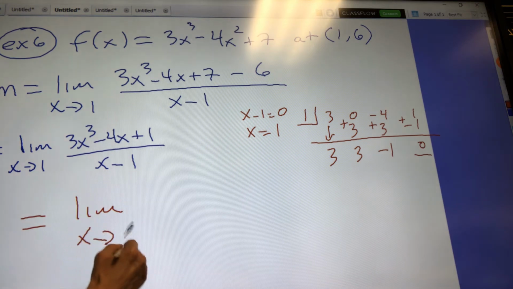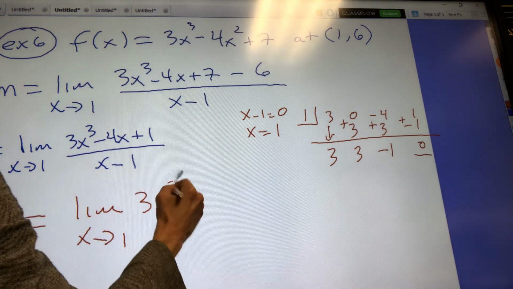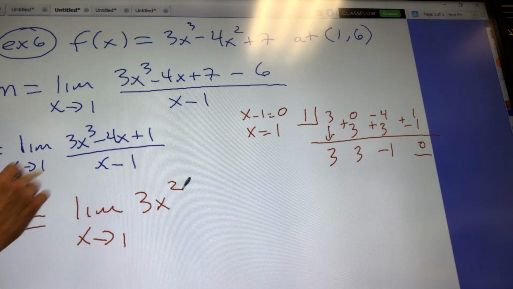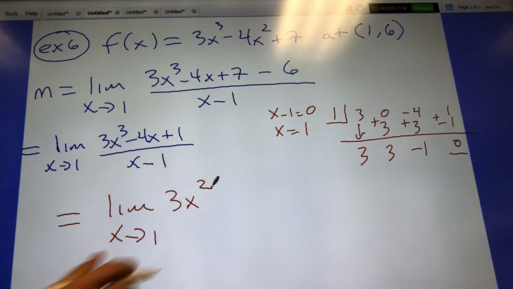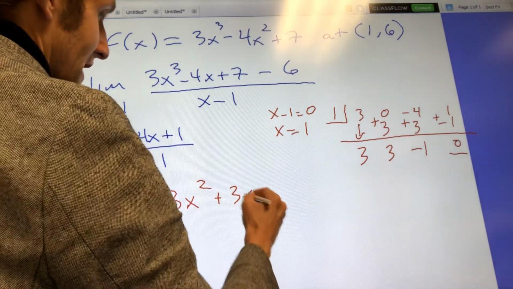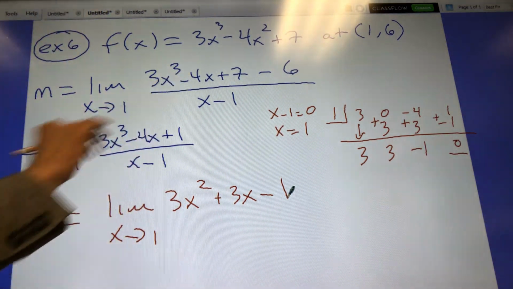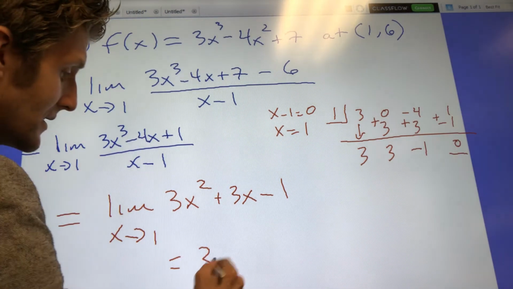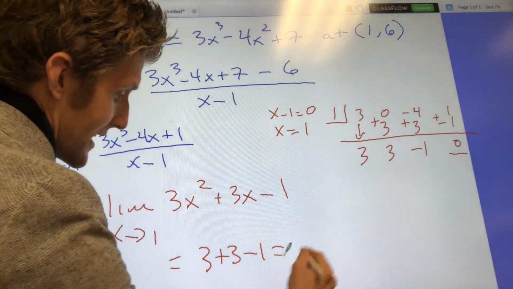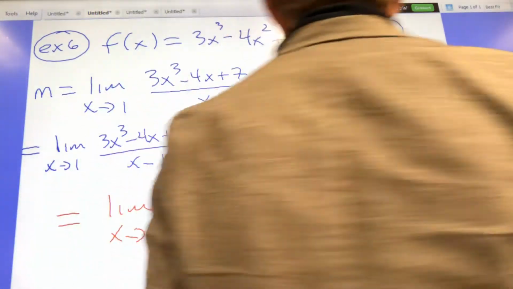We now have the limit as x goes to 1 of 3x squared, 1 power less. We did x to the third divided by x, so that is 3x squared, plus 3x minus 1. That's what we're left with. The x minus 1 got divided out. So now I can plug 1 in for x, and I get 5. That is the slope.